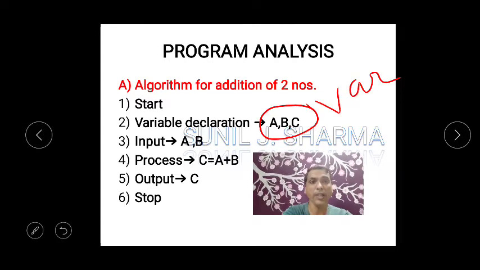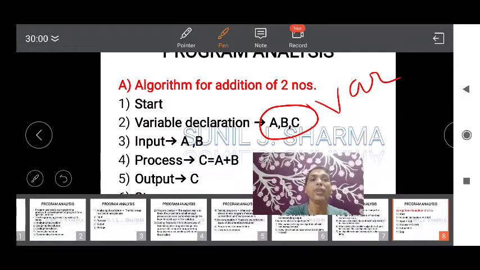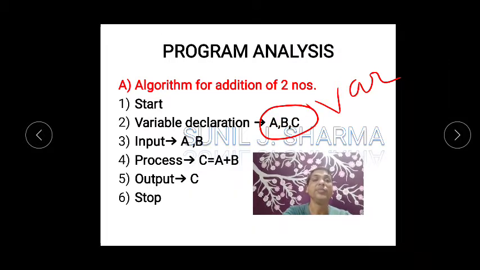In maths also we can use variables, and in the same way we use variables here. Every time you should not use only A, B, C; whatever you want you can use. I want to add two numbers, that's why I have taken 3 variables, because 2 will be input and 1 will store the output.